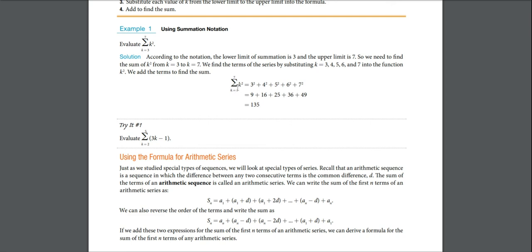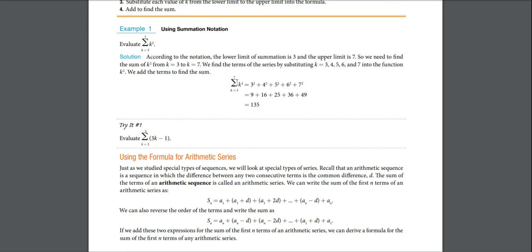So 7 minus 3 is 4, plus 1 is 5. And the reason you have to add 1 is because when you subtract, right, you're getting rid of not just all of the numbers before 3, you're also getting rid of the 3 itself. And so you have to put that back on, so you add 1.